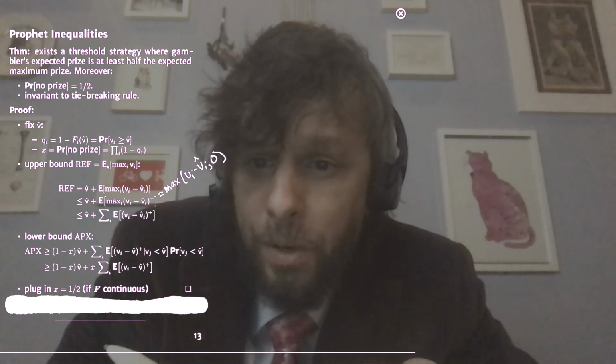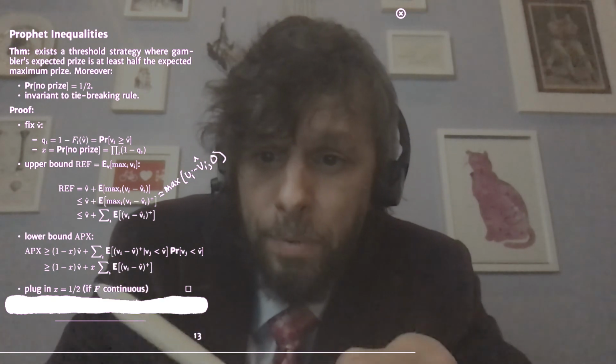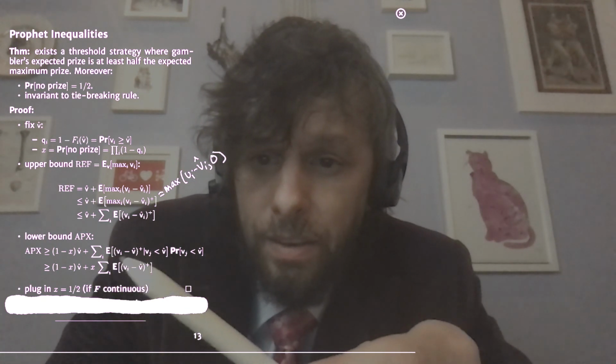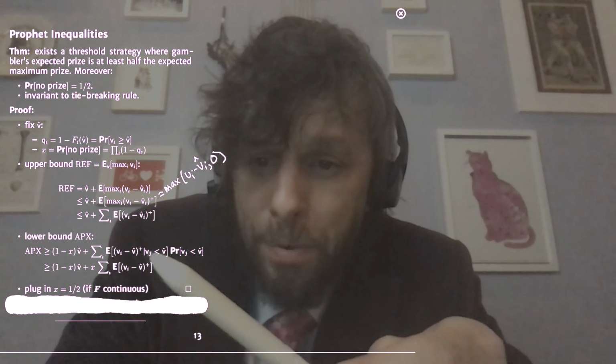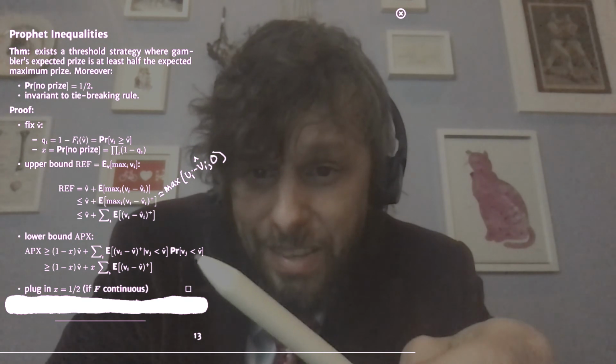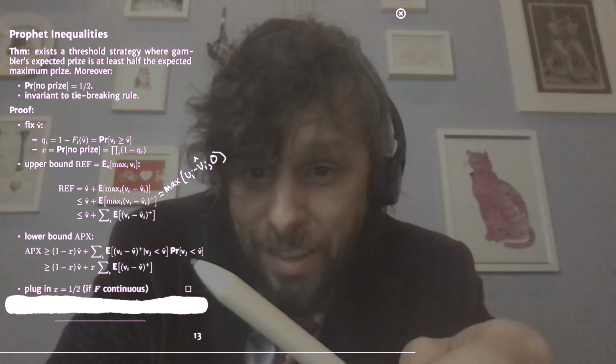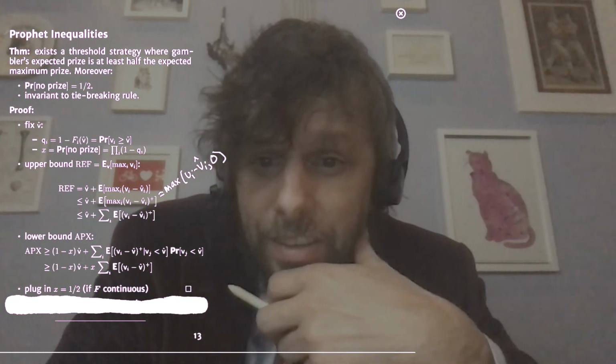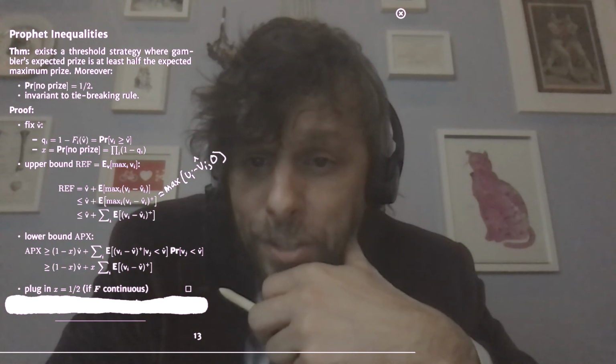So we're going to sum over all prizes the expected amount that prize is above the threshold, conditioned on all other prizes, j not equal to i, being below the threshold, and then times the probability that we're in this event that all other prizes are below the threshold.